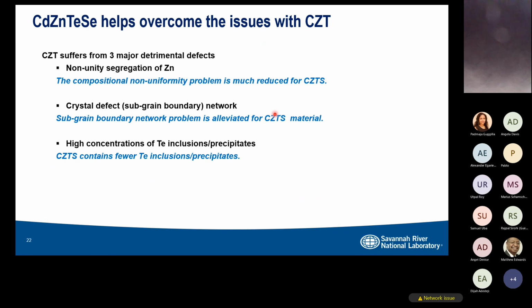So cadmium telluride was the first member of the nuclear detector material community. Cadmium zinc telluride is the second generation of cadmium telluride. Now cadmium zinc telluride selenide is the third generation material for improvement of radiation detectors and their application.